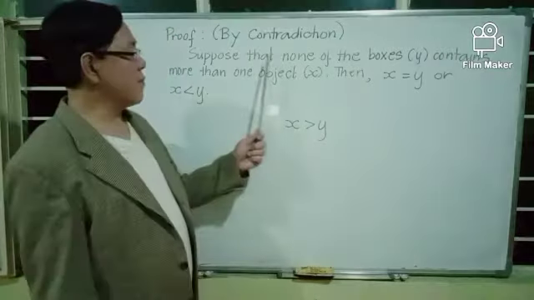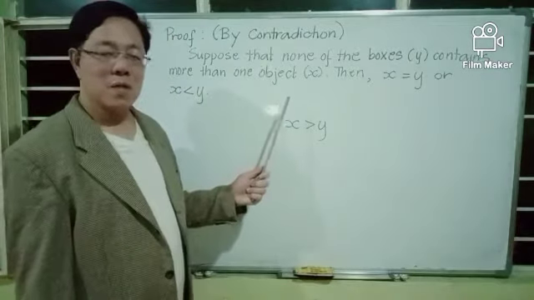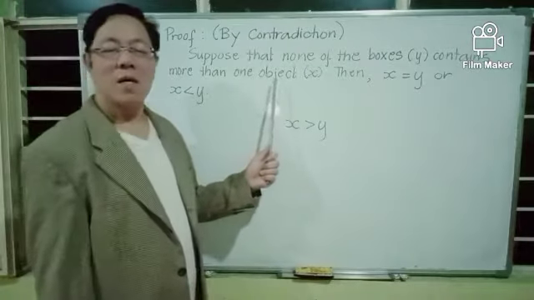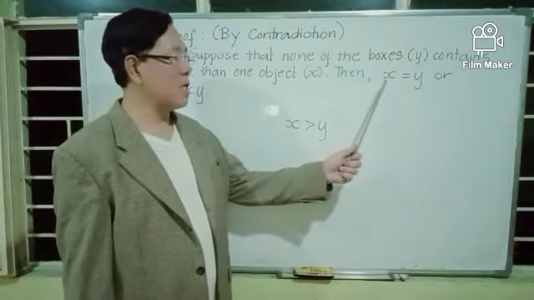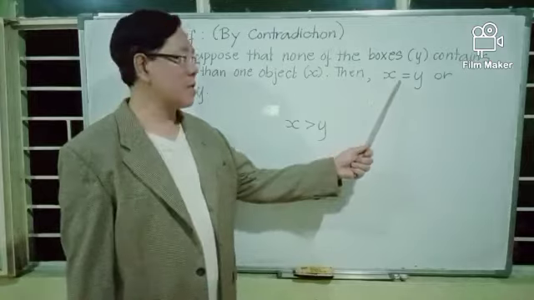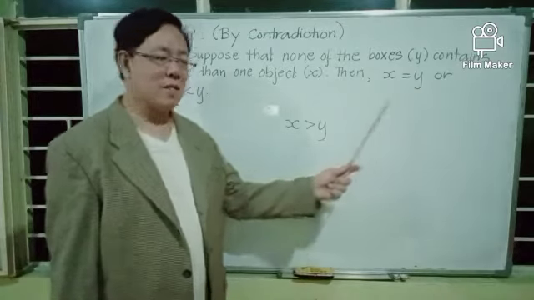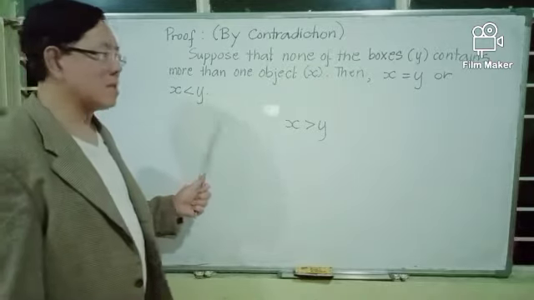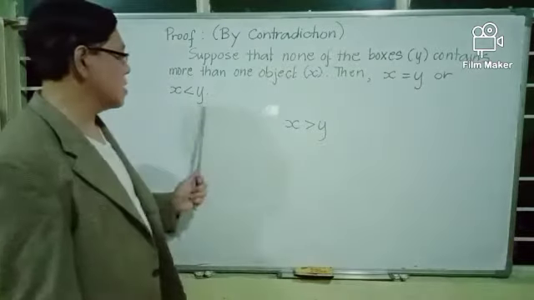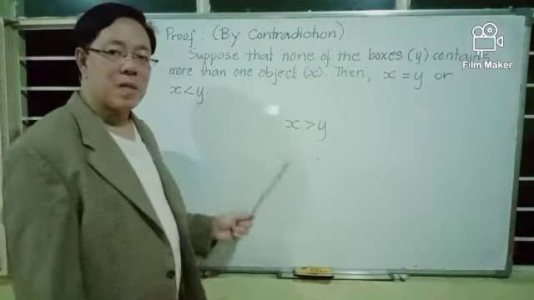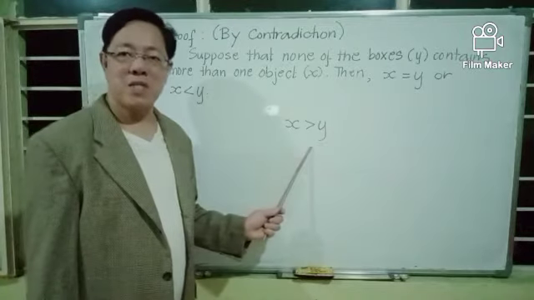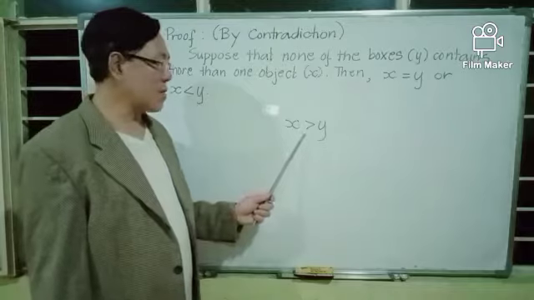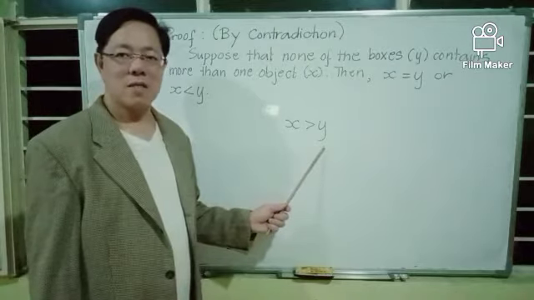But if we now see that none of the boxes contains more than one object, then this can happen only when the number of objects is equal to the number of boxes, or when the number of objects is less than the number of boxes. And these two contradict the premise of the Pigeonhole Principle, that the number of objects is greater than the number of boxes.